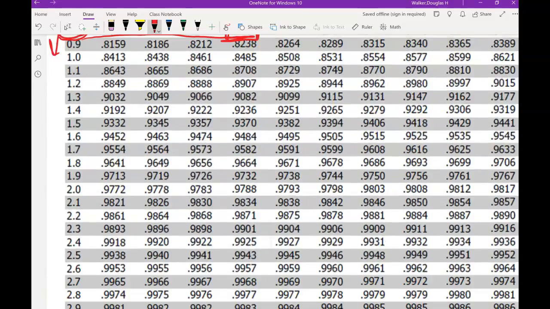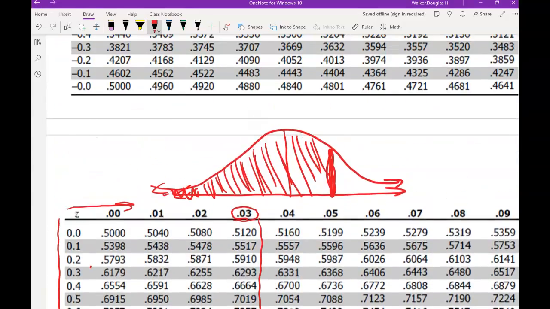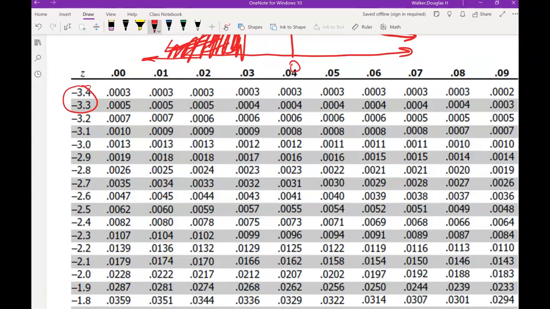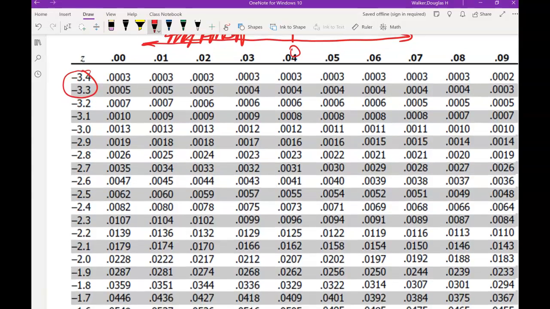2.13. So I'm going to scroll up here to the negative table. And we're going to look at negative 2.1 and then 3, so it's at 0.03 again.